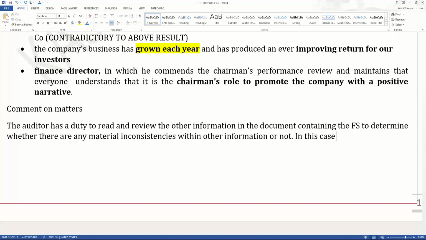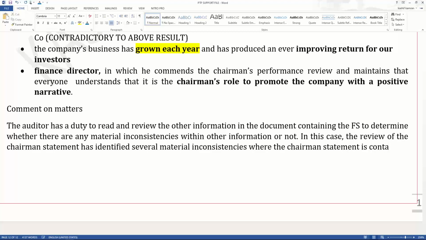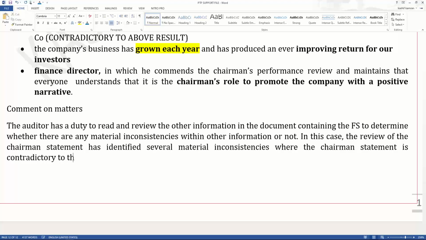In this case, the review of the chairman's statement has identified several material inconsistencies where the chairman's statement is contradictory to the financial results of METI.